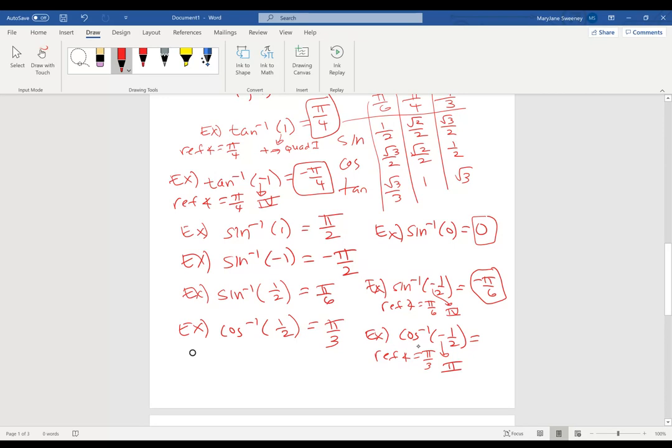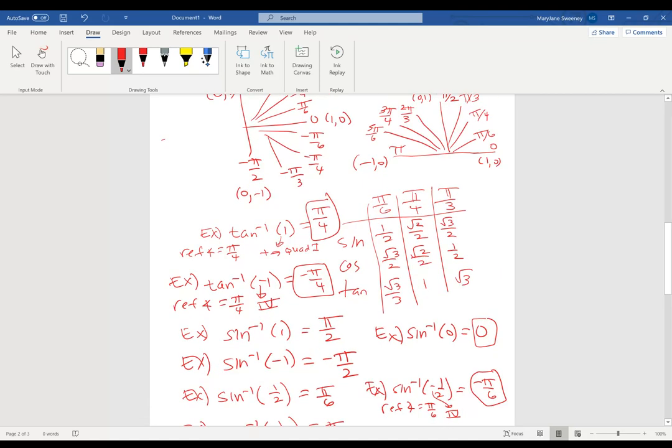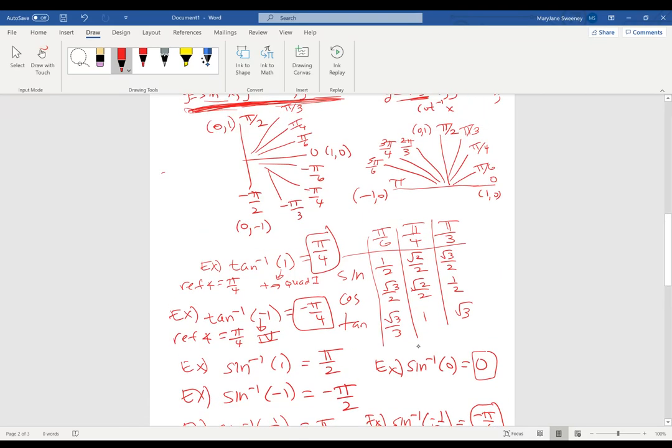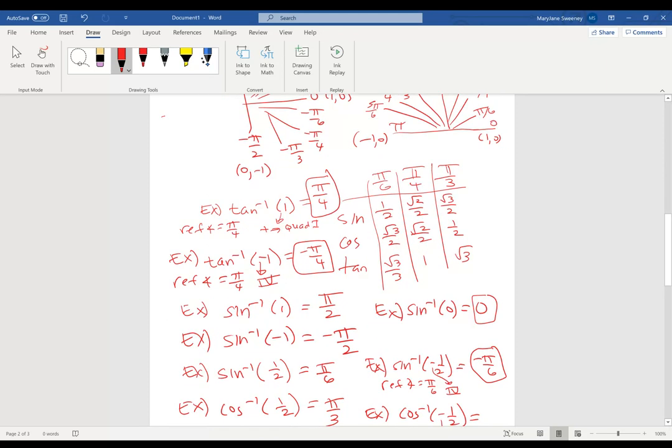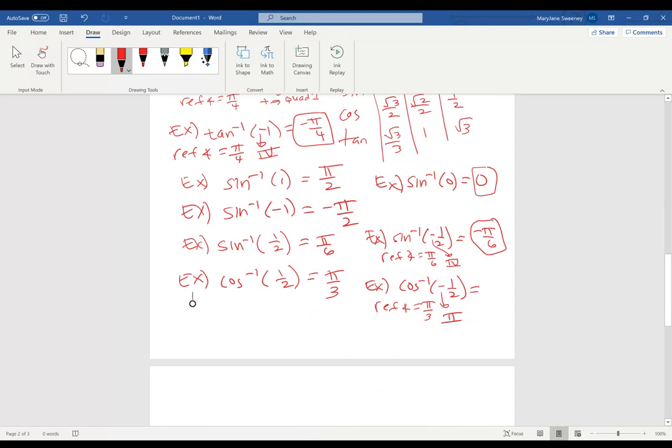But this is a value in the chart. I would have to give the pi over 3 reference angle in quadrant 2, which is 2 pi over 3.